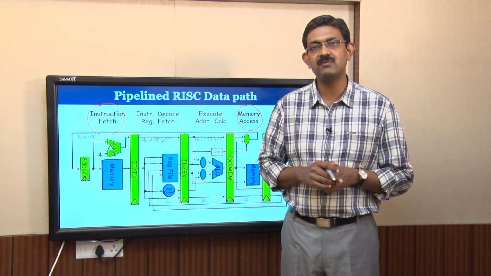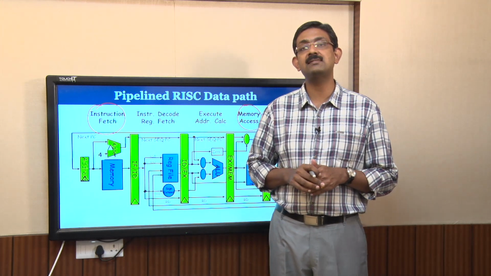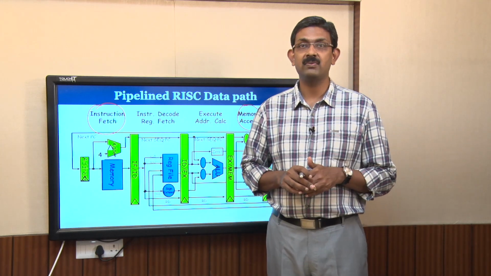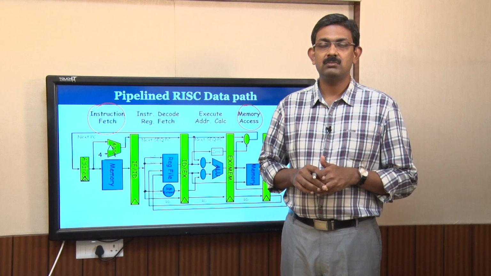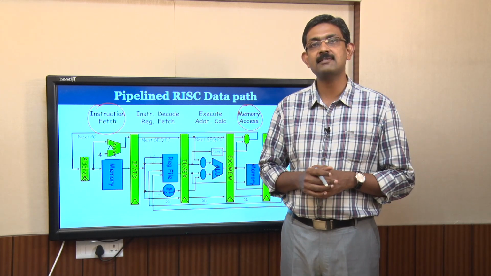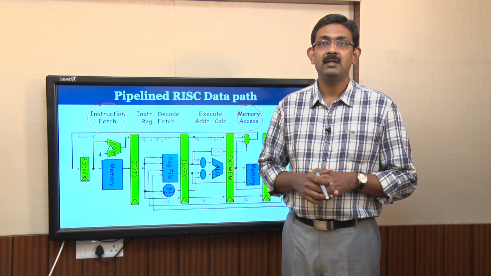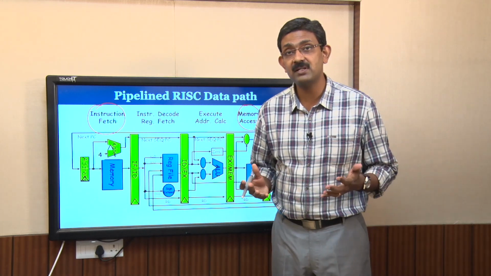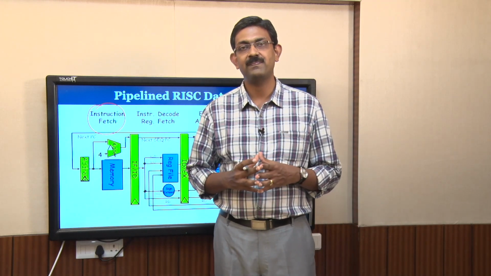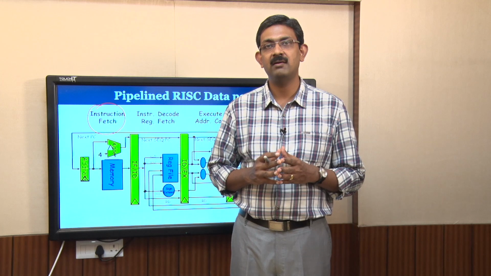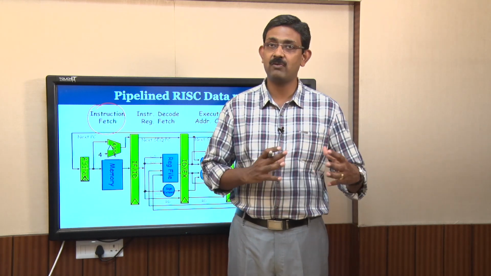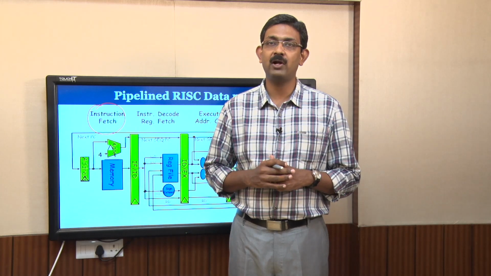The operations of instruction fetch and memory access are not completely inside the processor, because we have to interact with the memory. So, accessing the memory sometimes may not yield the result exactly at the same time. Certain instructions and data may be present in memory, whereas some other instructions may not be present in the memory. We will learn further about it when we discuss and explore cache memory, which is one of the main components of this course.